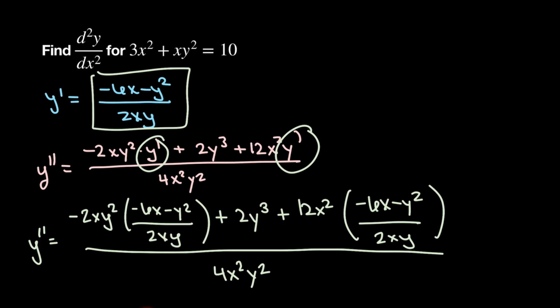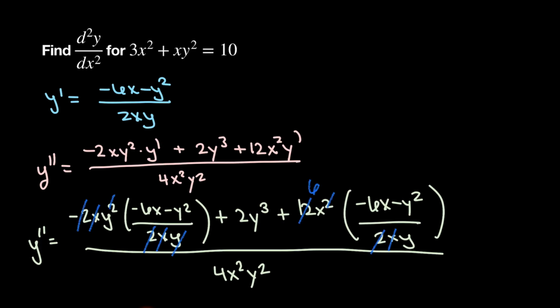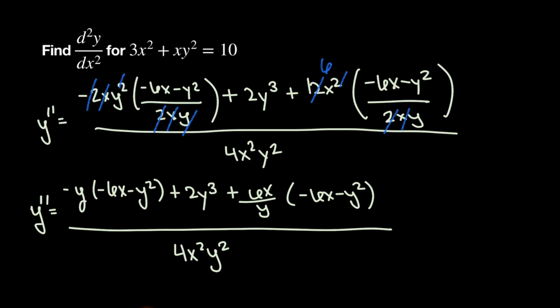And then I'm going to see if I can do some simplifying here. First term, we can cancel the 2, the x, one of the y's out. Second term, we can cancel the 2 with the 12, one of the x's. So I'm just left with negative y times negative 6x minus y squared.